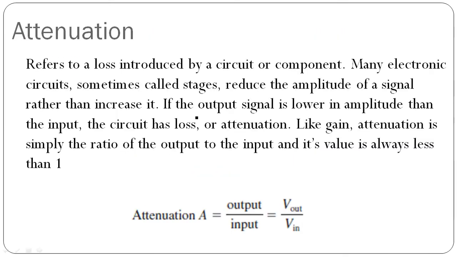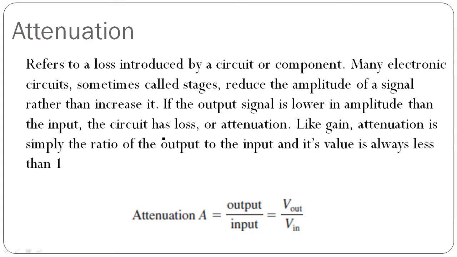So, next naman, attenuation. Ito ay kabaliktaran ng gain. Usually, ang gain, yung value niya is greater than 1. Ito, ang gain nito is laging less than 1. Okay? So, attenuation refers to a loss introduced by a circuit or component. Many electronic circuits, sometimes called stages, yung kanina pinakita ko sa inyo na cascaded, okay, reduce the amplitude of a signal rather than increase it.